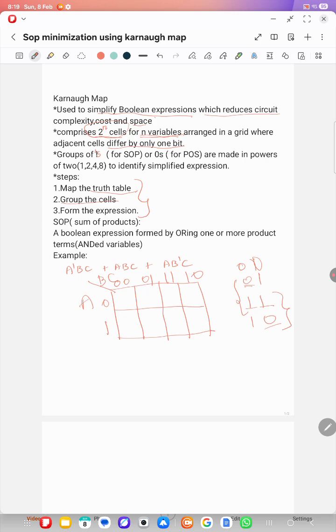So the Karnaugh map arranges values in such a way that they differ only by 1 bit in the adjacent cells.